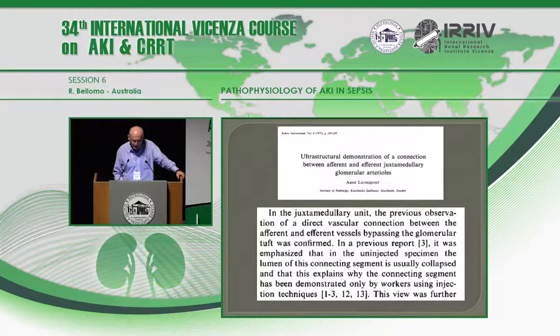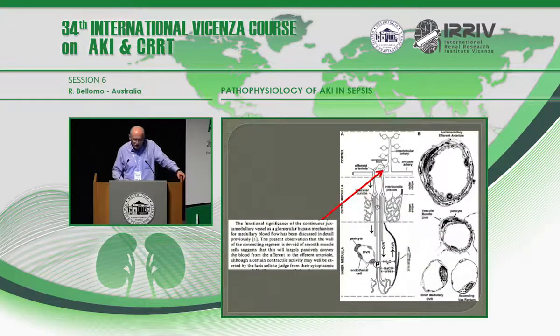This is by Lundqvist from Sweden, creating a picture of what the glomerular circulation and the renal circulation look like, and kind of arguing through multiple anatomical preparations that blood could indeed go into the glomerulus, but can also follow a shunt pathway and go directly past the glomerulus.